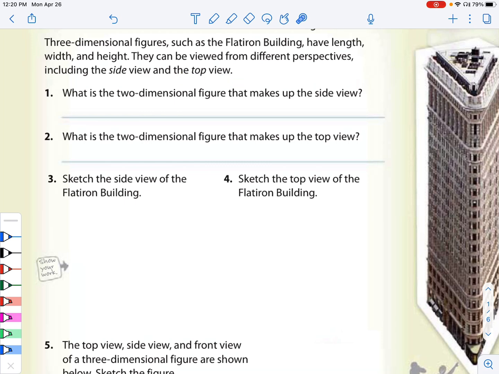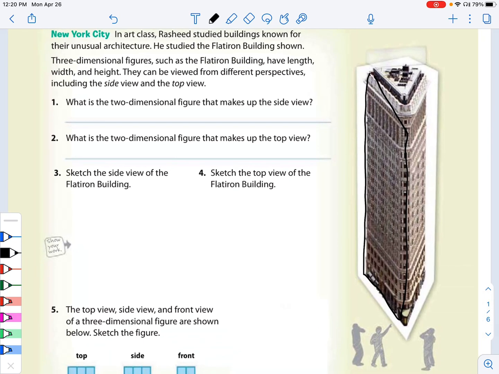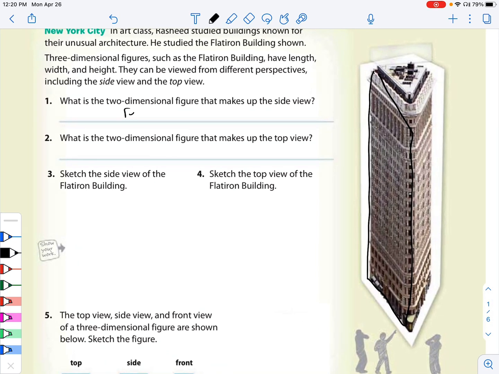So what is the two-dimensional figure that makes up the side view? If you look at the side of our three-dimensional figures such as this one, you notice if you look at the side of the Flatiron Building, this looks like a rectangle. So the side view is a rectangle if you look at the side.